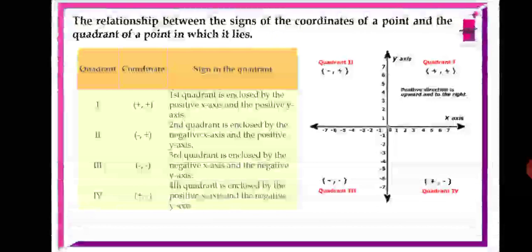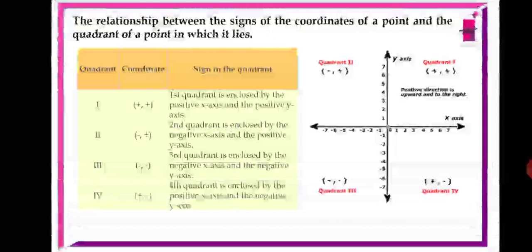So Q1 is between the positives of x and y, because it is between right and upwards. So they both are positive. Coming to Q2, it is left and upwards, so x is negative and y is positive. And Q3 is left and downwards, so both are negative. And Q4 is right and downwards, that's why x is positive and y is negative.